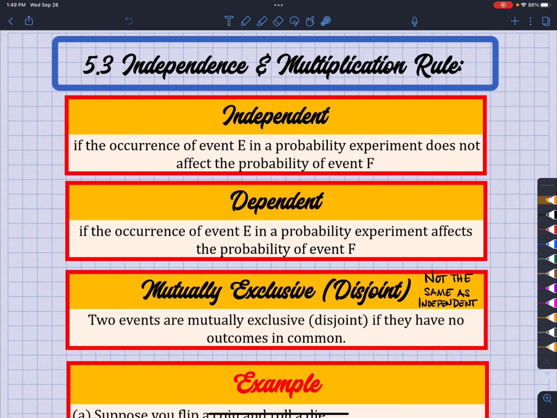Mutually exclusive says that they have no outcomes in common, whereas independent says that one event doesn't affect the other event. And dependent, obviously, means that one event does affect another event.